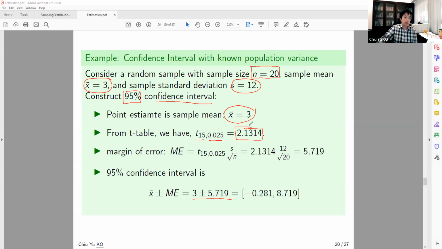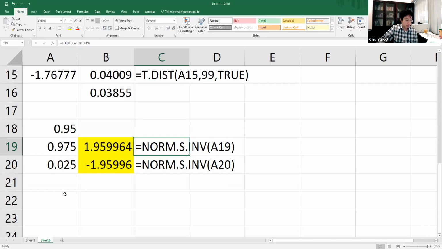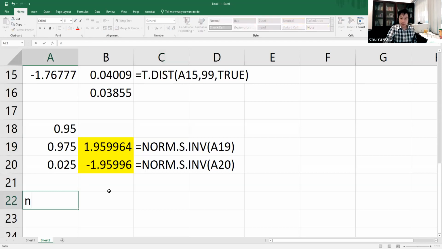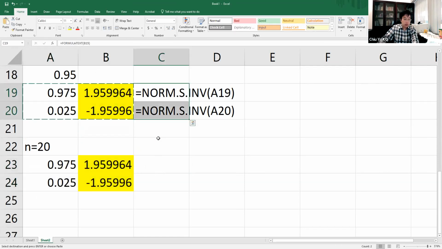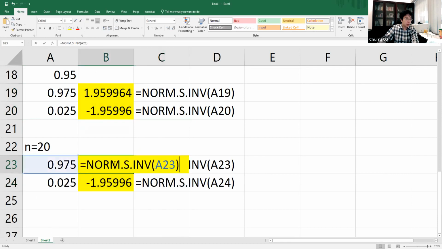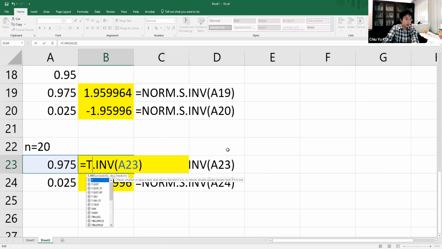Let me show you in Excel. We have n equal to 20. Again, you use the same trick here, but now it's no longer norm, it will be T inverse.